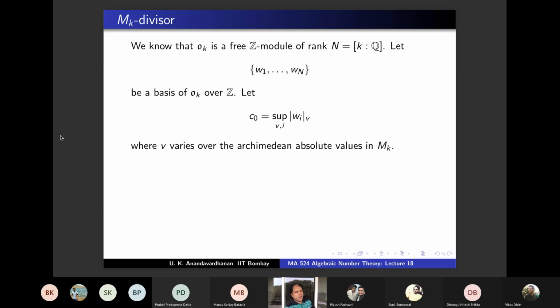In fact, you know exactly how many Archimedean absolute values there are. If K has degree n, then how many embeddings are there into C? n embeddings. So there are n embeddings, out of which the complex ones will come in pairs. If a plus bi goes to a plus bi and a plus bi goes to a minus bi, right? They will come in pairs, and then there will be some number of real absolute values.